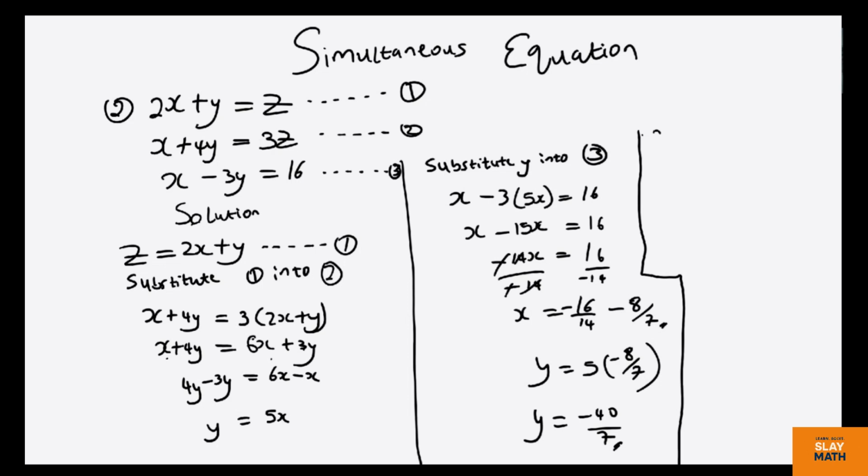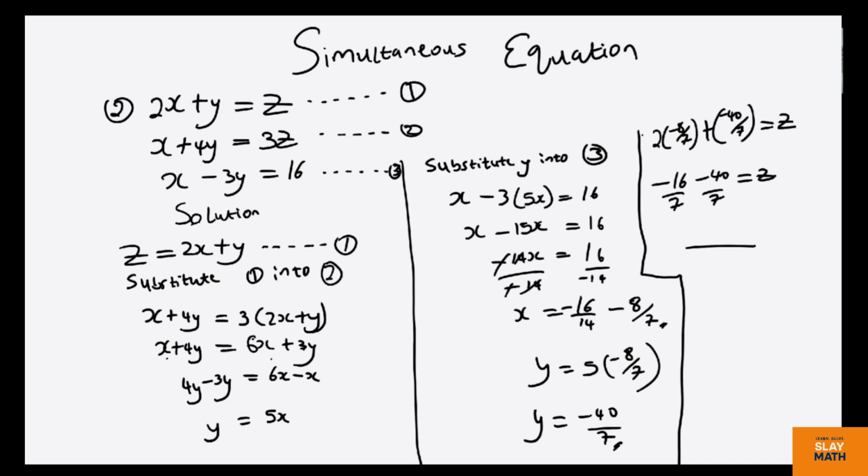So we have 2 into bracket minus 8 over 7 plus bracket minus 40 over 7 is equal to z, right? So opening up this bracket, we have minus 16 over 7 minus 40 over 7 equal to z, right? So you following? Sorry that I seem very excited for this.